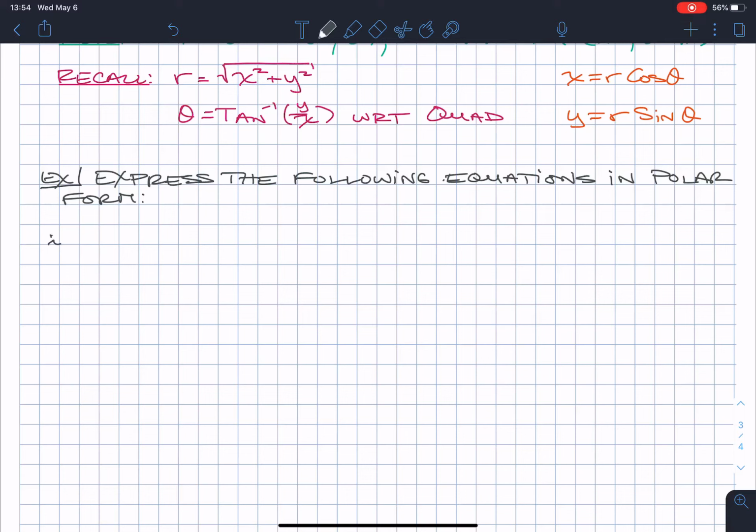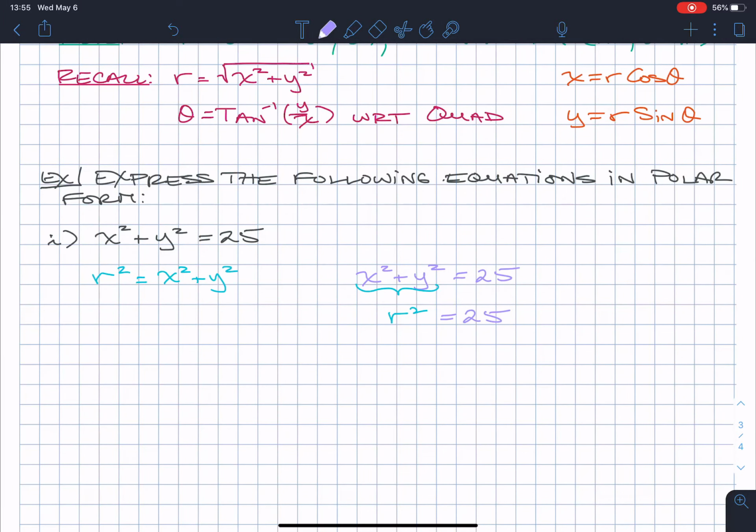Okay, so number one, let's say we have x squared plus y squared is equal to 25. Okay, well, what do I know? I know that r squared is x squared plus y squared. So therefore, if I have x squared plus y squared is 25, I can simply rewrite the left-hand side of the equation as r squared is 25, and there you are.